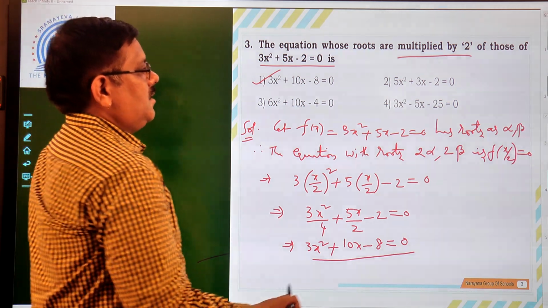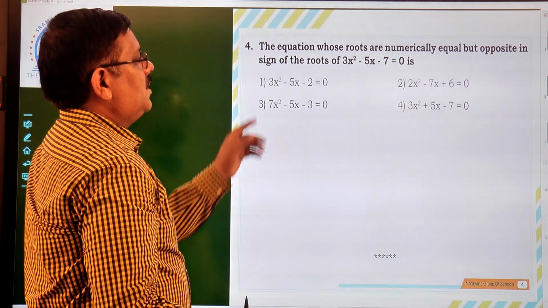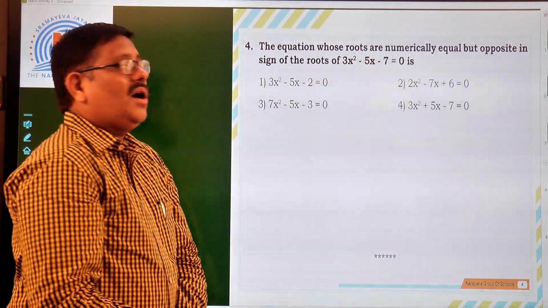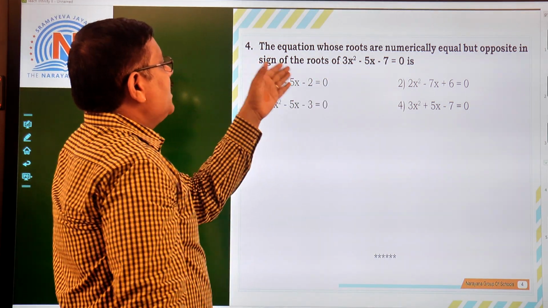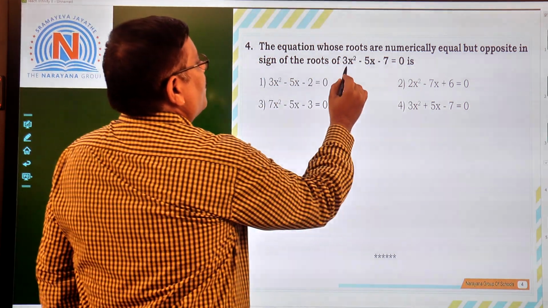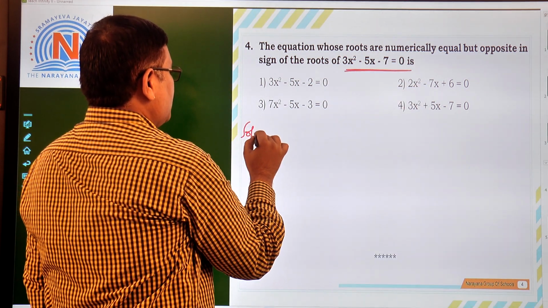Okay. Next, we will move to the next question. The equation whose roots are numerically equal but opposite in sign to the roots of 3x square minus 5x minus 7 is 0. So again the solution we can start like this.